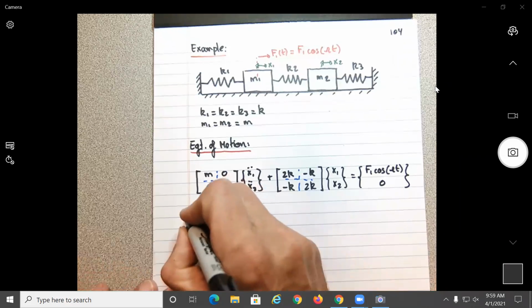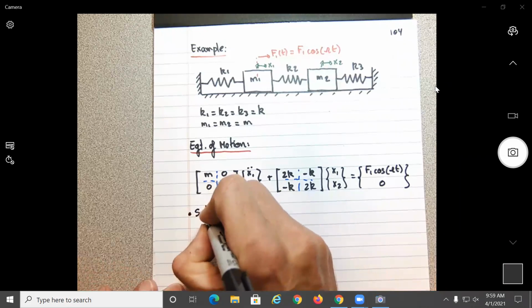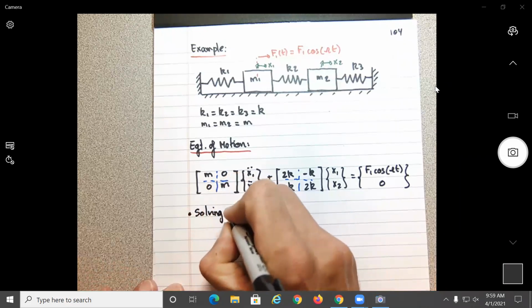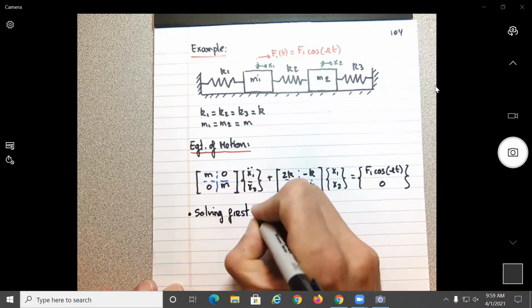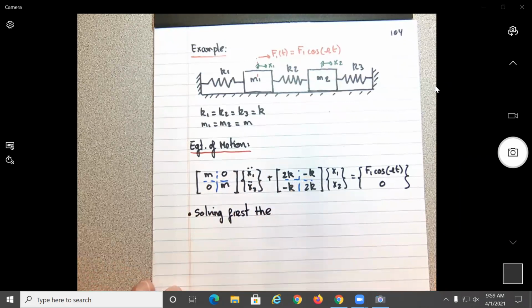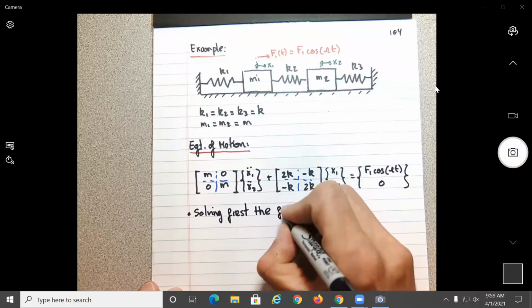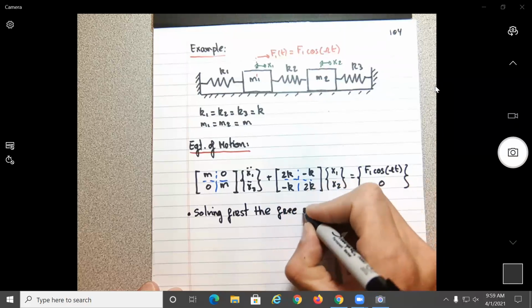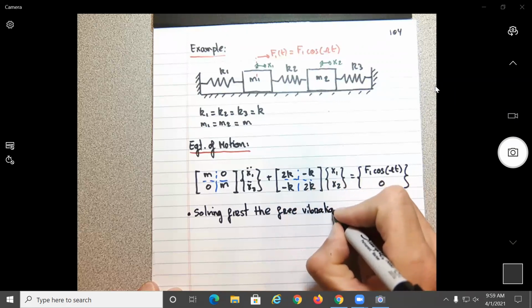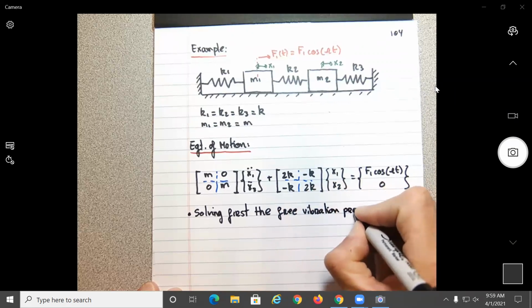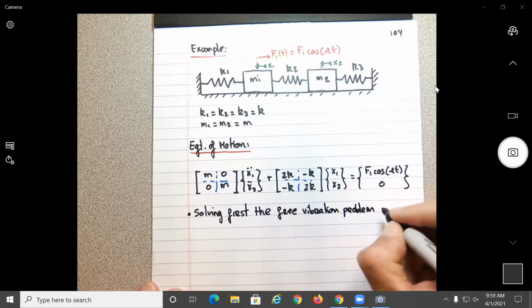So solving first the free vibration problem, which means basically F1 equal to 0.